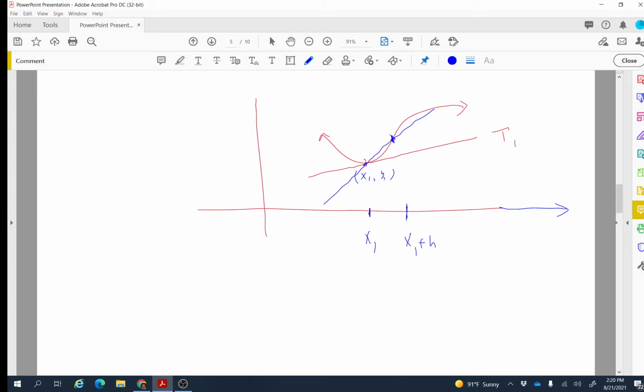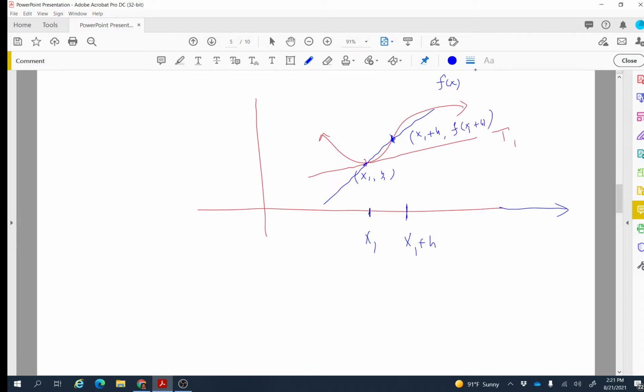I know the point: this point is x1 plus h, comma, the y value at x1 plus h. So if this is function f of x, then the y value would be the value of the function at x1 plus h.